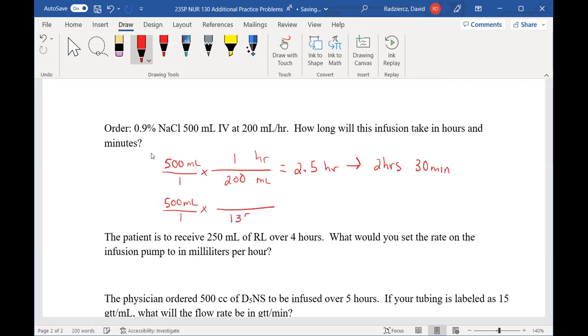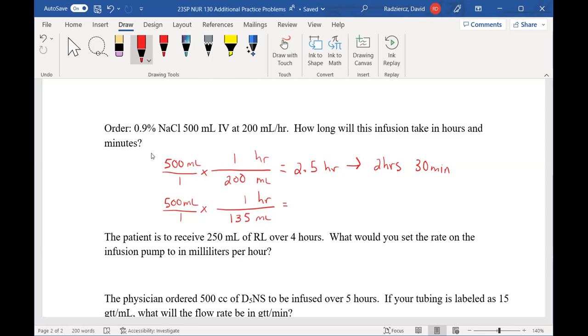So 135. So 500 divided by 135 gives me like 3.7037. So it gives me a number that is definitely not going to help me out with trying to figure out what the minutes are.